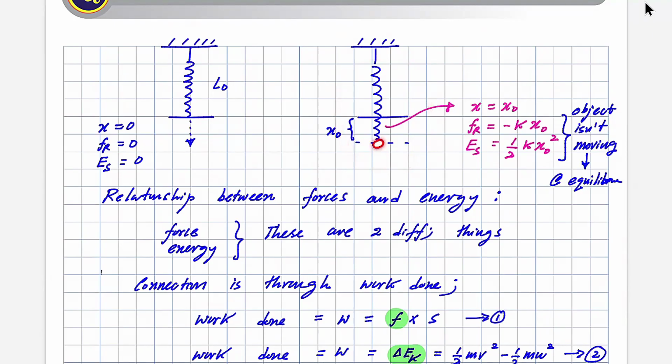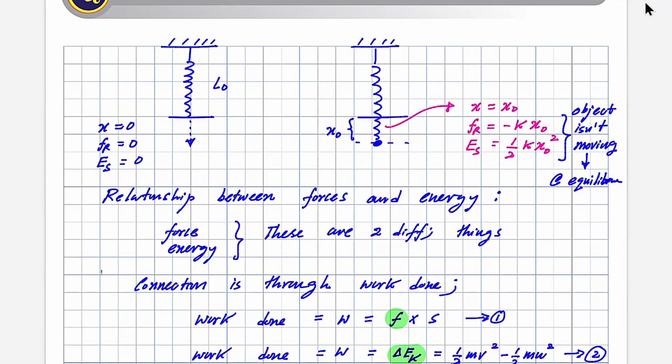This object goes up, down, up, down, up, down. You can experiment with this. Take a rubber band, attach something. You can observe the equilibrium. Stretch it a little bit, release it. You can see the object going up, down, up, down.